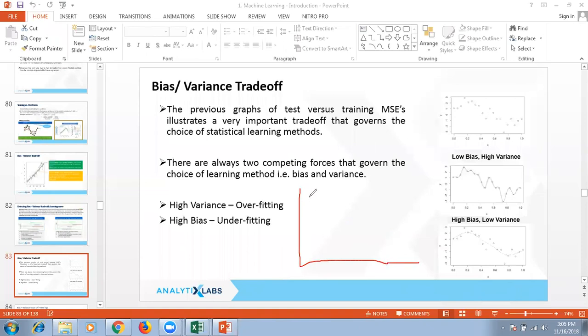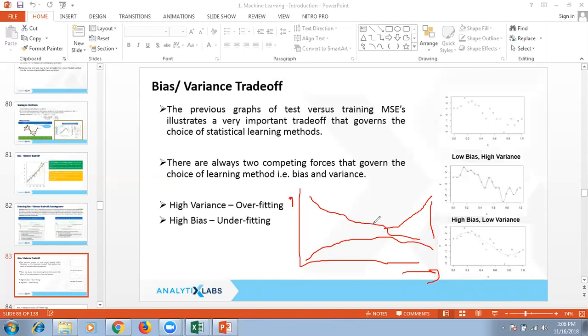So the training error will reduce like this, and the testing error will be like this. Of course, after that it will increase actually. So basically what I'm trying to say is, if I increase my variance, there is a problem of overfitting. And if I increase the high bias, there is a problem of low accuracy.